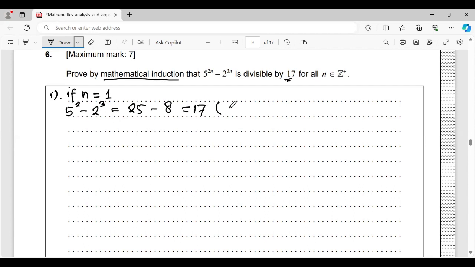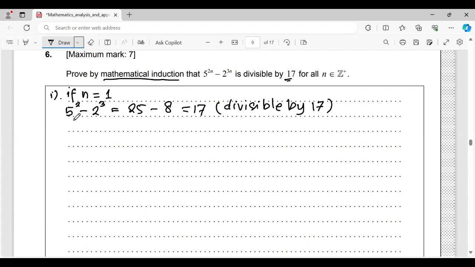So 17 is divisible by 17 because it is a multiple of 17.